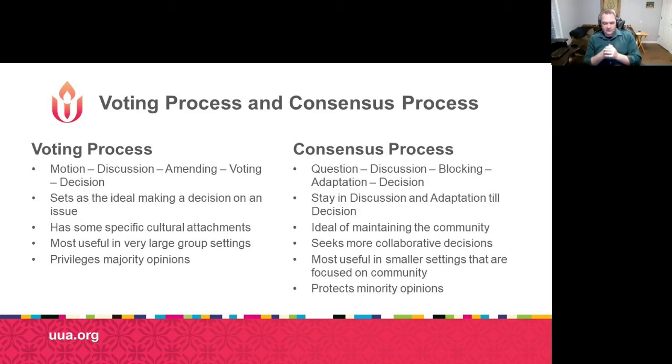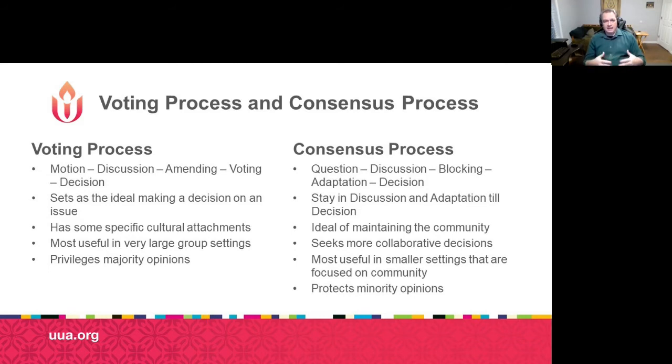The other piece is the voice of the majority has an overwhelming impact upon the process because the voting will be by majority rule. Even to the point in formal voting processes, the majority has the ability to silence the minority and move on to the vote. So understand that there are some deep cultural attachments that are based in white supremacy culture that are in voting processes.